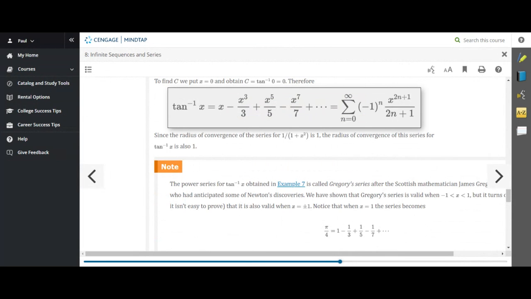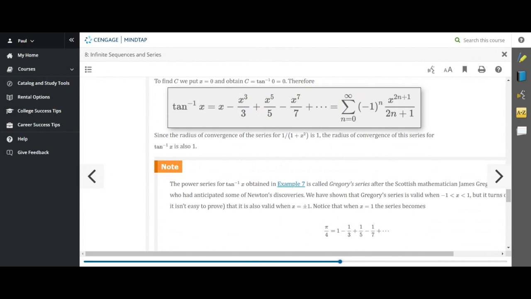And in your homework, for section 8.6, I believe it's the second or third example, they take you through how to get that power series. So now we have power series for the log of 1 plus x and the arctangent of x.